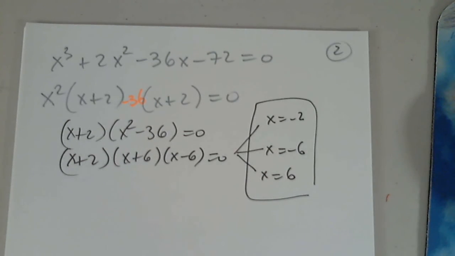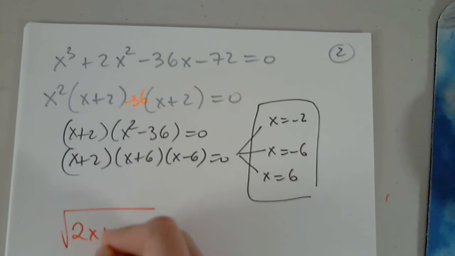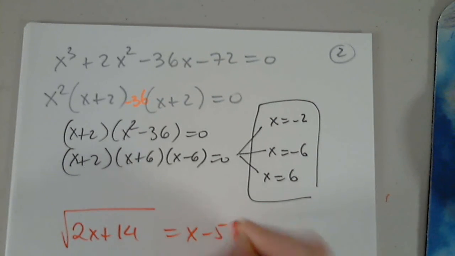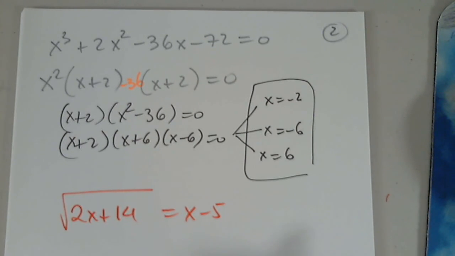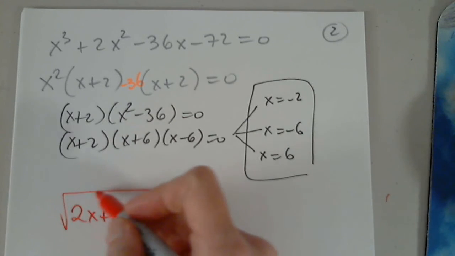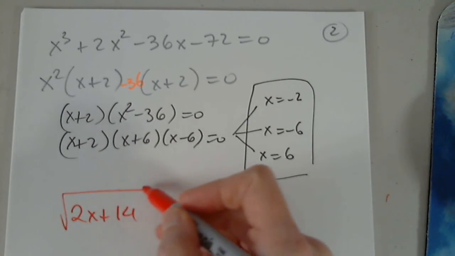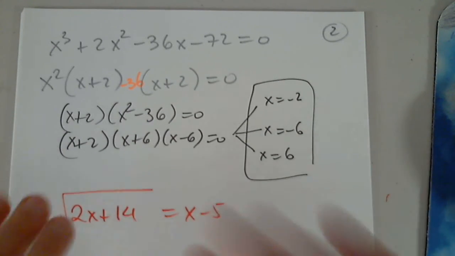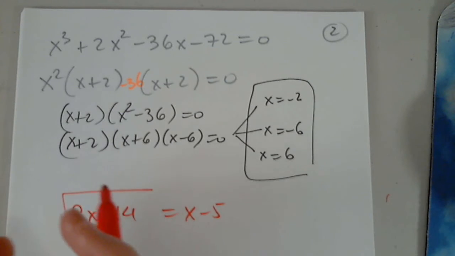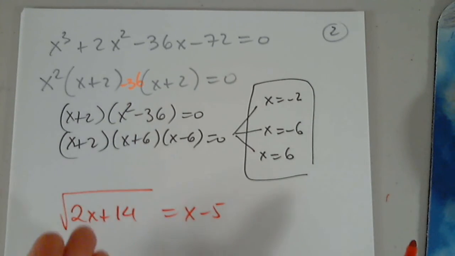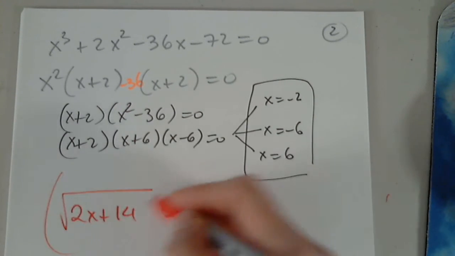Now, we also wanted to look at number 4. Number 4 is a radical equation, and this is power 1/2. It's separated. The radical is alone on one side. It doesn't need any prep, and everything else is on the other side.